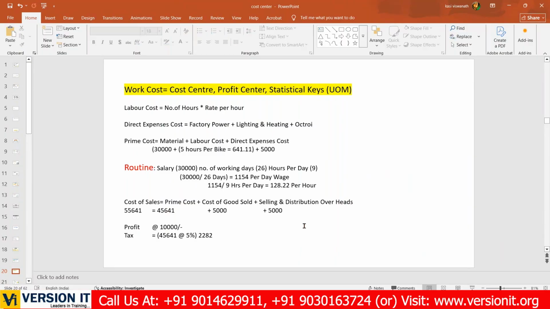What is octroi? As a customer, when you take insurance, that is insurance. If the company pays insurance on behalf of the customer, that comes under octroi. It's a direct charge.